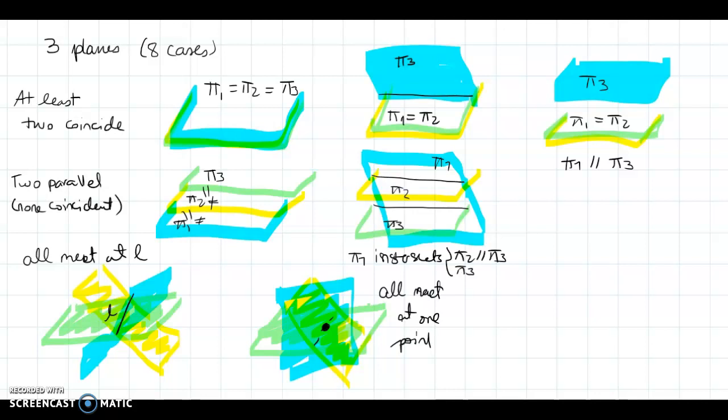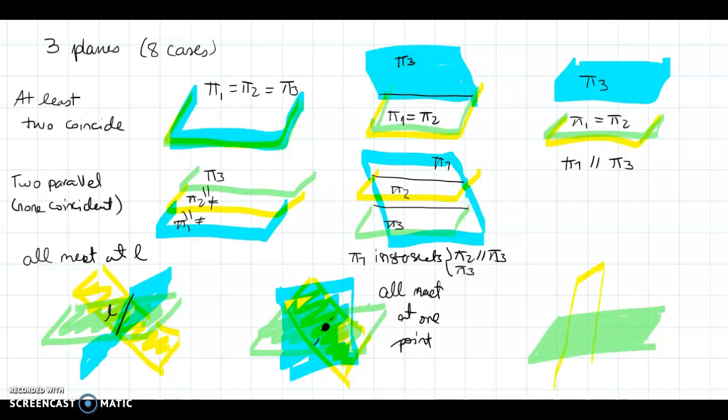And the last case that we are going to have, let's see if I can draw it. Let's say I'll start with the first plane over here, and then I'm going to make the other 2 planes intersect this plane at 2 different parallel lines.